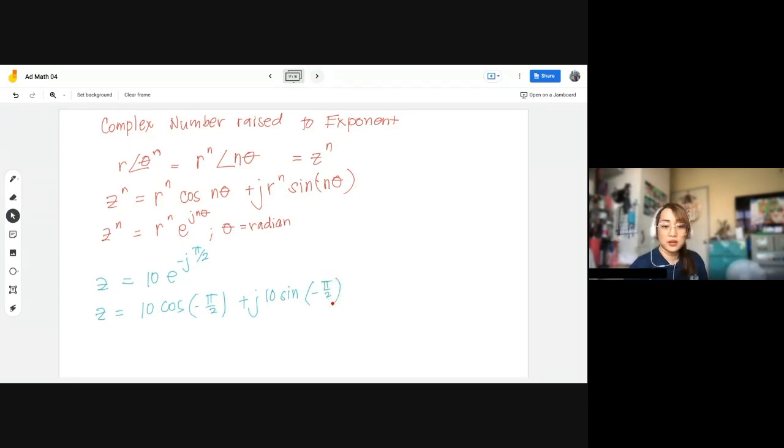Okay? That is 90. So if you want to evaluate that, cosine negative 90 degrees is 0. This one is negative 1. So our z is negative j10, or we can say 0 minus j10.